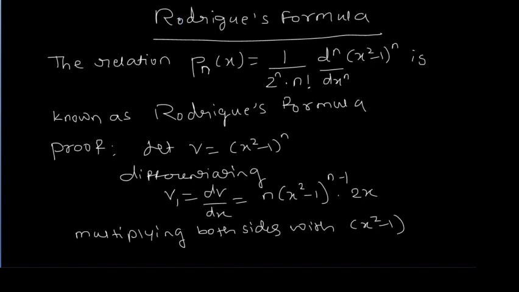When we multiply with x squared minus 1, v1 into (x squared minus 1) is equal to n into (x squared minus 1) whole raised to n minus 1, and this is (x squared minus 1) whole raised to 1. By using the laws of indices, the plus 1 and minus 1 get cancelled, giving (x squared minus 1) whole raised to only n, and this is 2xn. Therefore we get the equation 2nx into (x squared minus 1) whole raised to n.